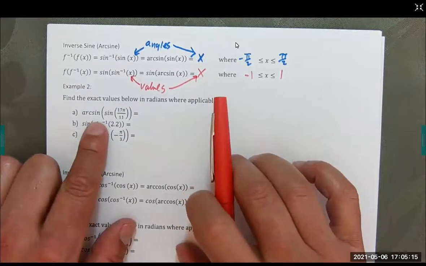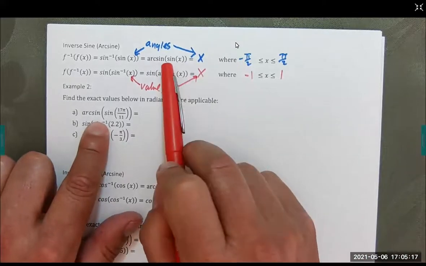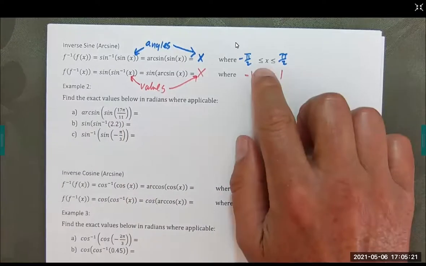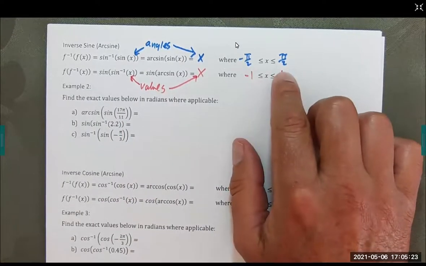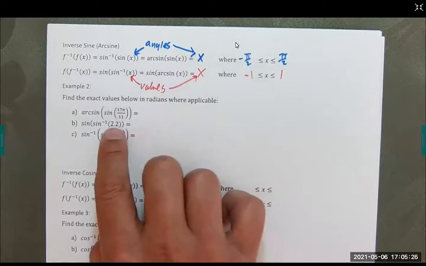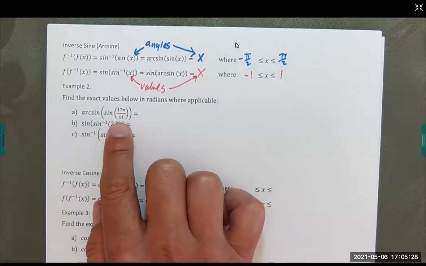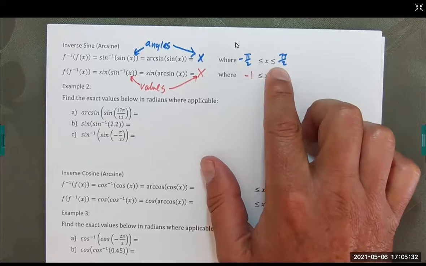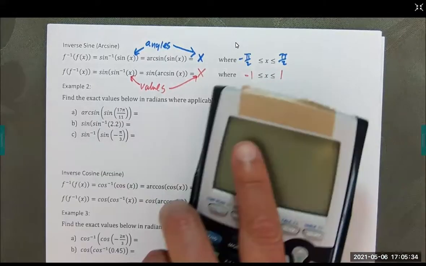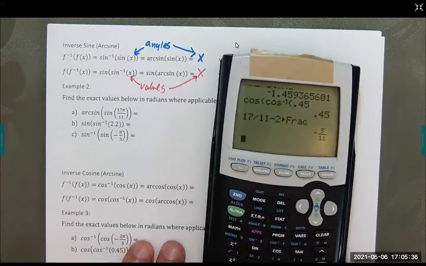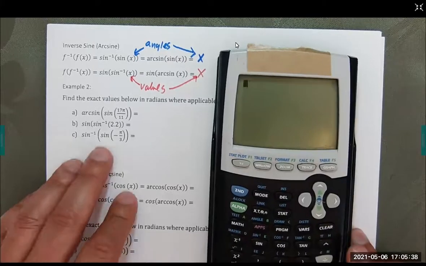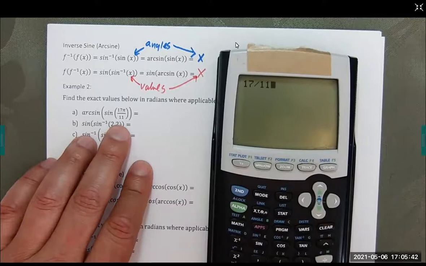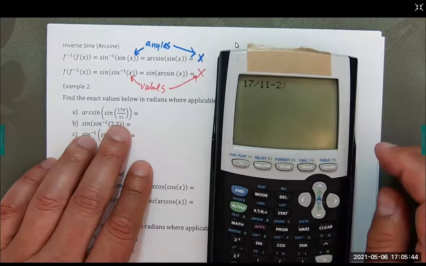So arc sine of sine, so we're up here. So x in this case is an angle. Now our angle needs to be between negative pi over 2 and pi over 2, and I'm going to notice that 17 pi over 11 is not between negative pi over 2 and pi over 2. So I'm going to show you a little trick here. I'm going to take 17 divided by 11, and subtract 2 from that, meaning 17 pi over 11 minus 2 pi.